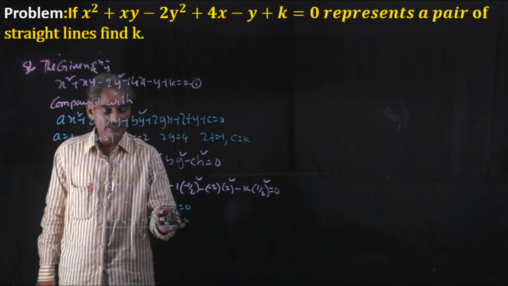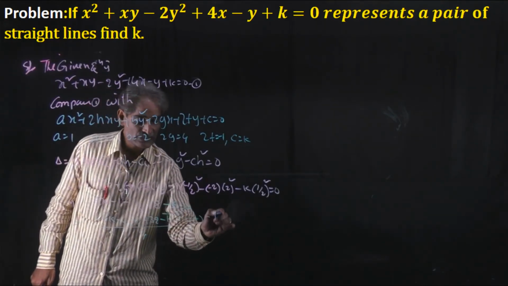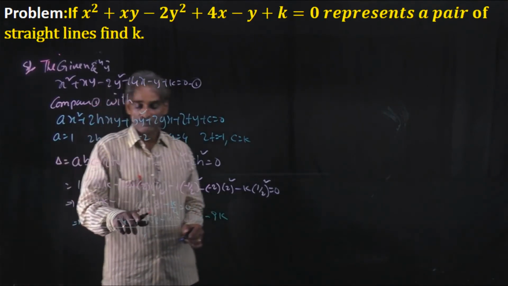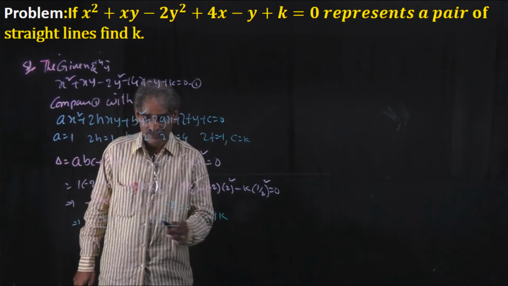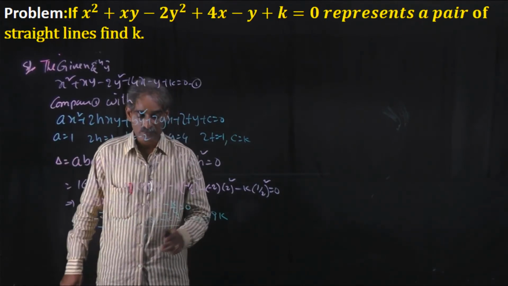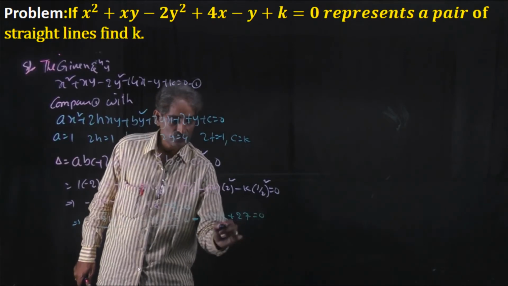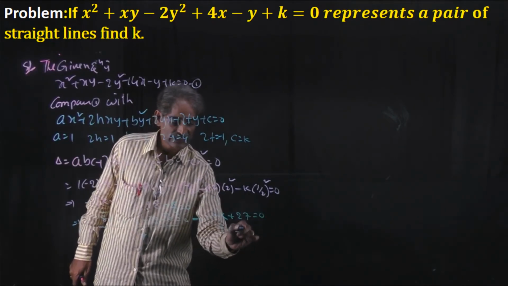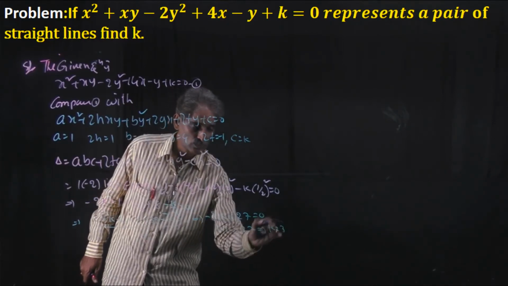Now minus 8k minus k is minus 9k. This implies minus 9k, minus 4 minus 1 is minus 5, plus 32, that means plus 27. 32 minus 5 is plus 27 equal to 0. Therefore 9k is equal to 27. This implies k is equal to 3.